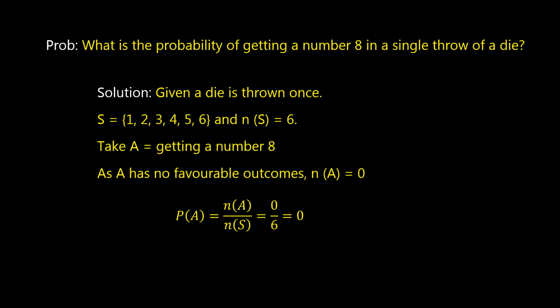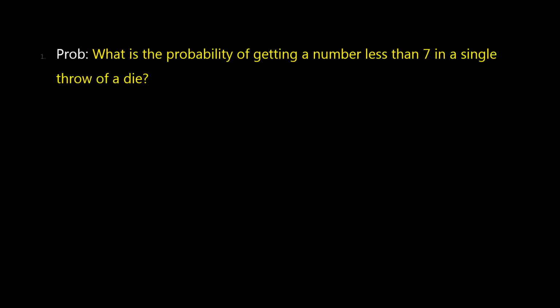This is an impossible event. We know already, an event whose probability is 0 is called an impossible event. Here, in a throw of a die, getting number 8 is an impossible event. This is important for 1 mark.